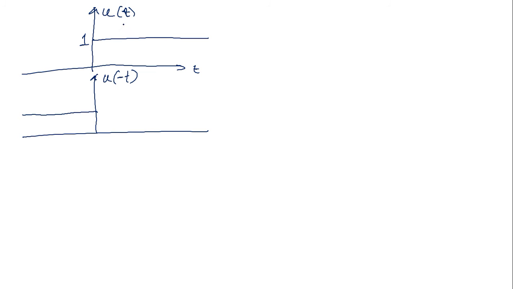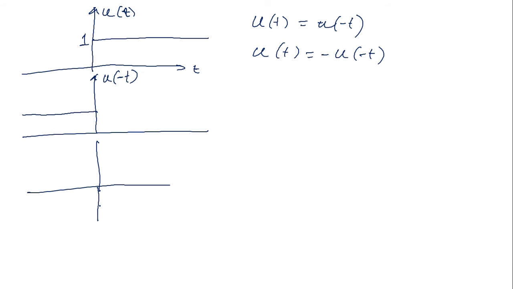If I say that u of t equals u of minus t, no, sir, so it is not an even signal. Can I say that u of t equals minus of u of minus t? What is the minus of u of minus t?